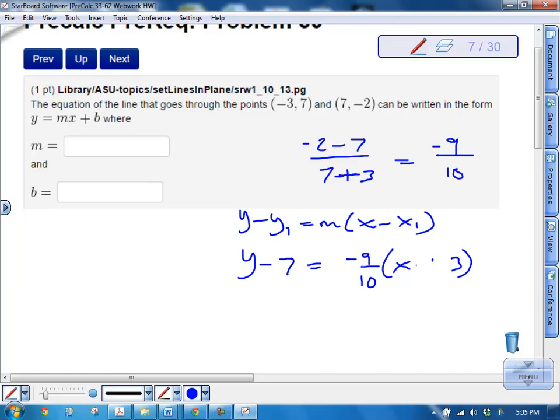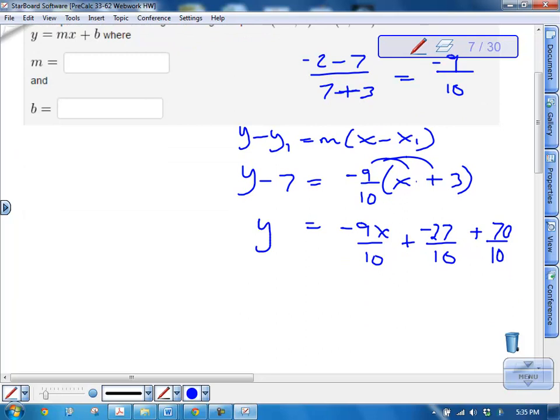So the negatives go positive. I'm going to distribute. So it's negative 9x over 10 plus negative 27 over 10. And then I'm going to add 7 to both sides. Move this over and add it to this side. So I'll make it over 10, so I'll make it 70 over 10.